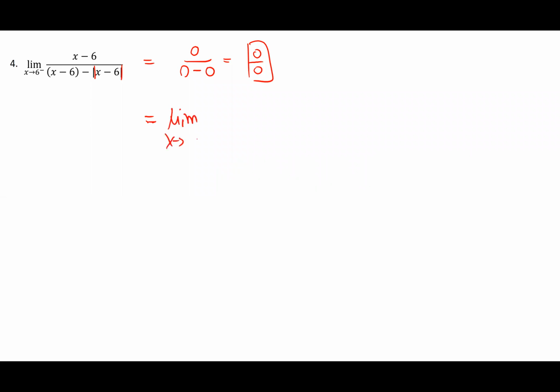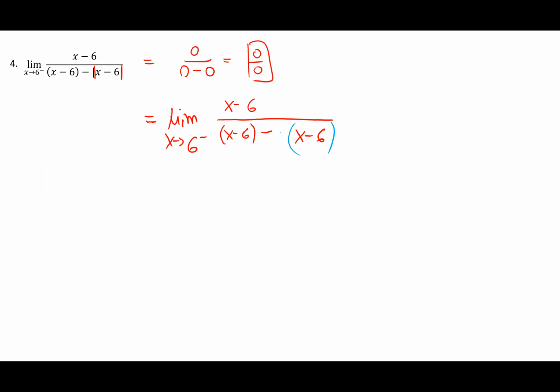Limit as x goes to 6 from the left. x minus 6, that's without the absolute value. But then we do have the quantity x minus 6, and I can use my blue color. That's my absolute value quantity.